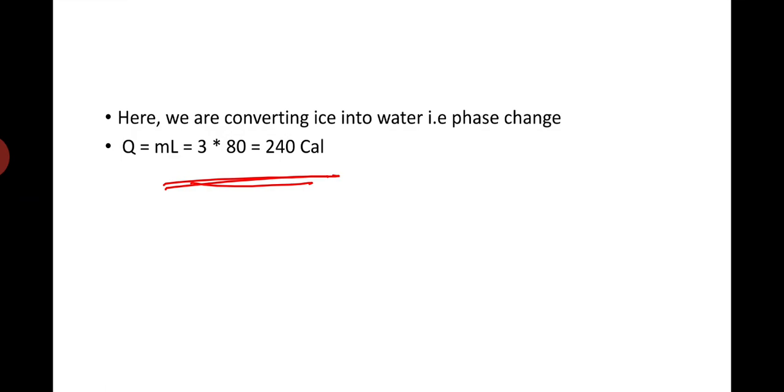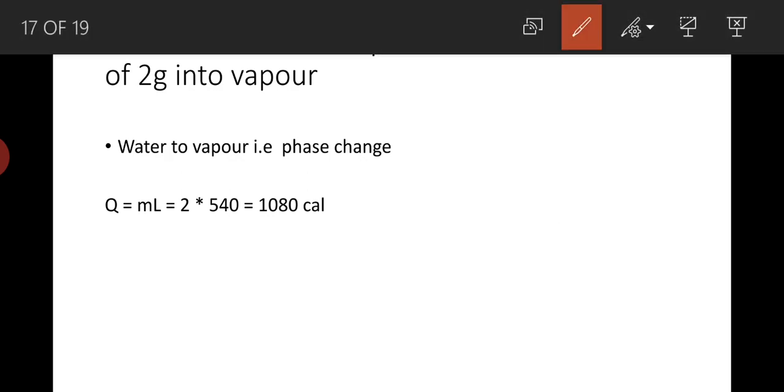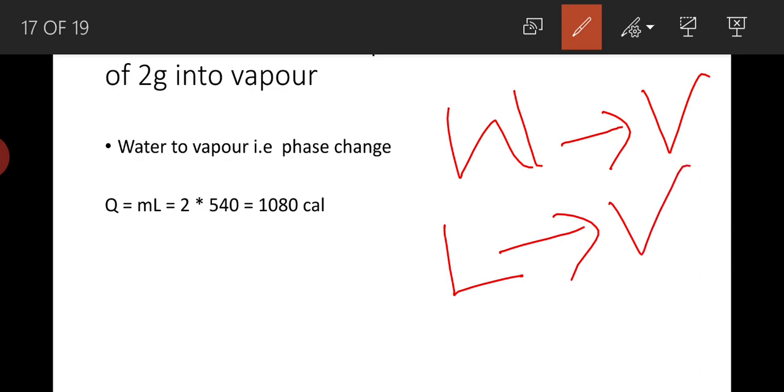Next, how much heat energy is required to convert 2 grams of water into vapor? Water into vapor means we are converting liquid into vapor. This is also a problem of phase change.